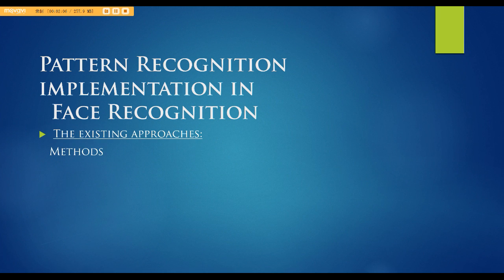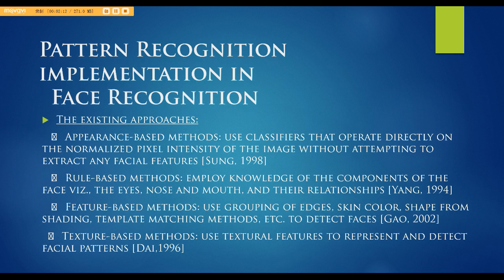And there are four methods used in face recognition. The first one is appearance-based methods. This method uses classifiers that operate directly on the normalized pixel intensity of the image without attempting to extract or change the facial features.